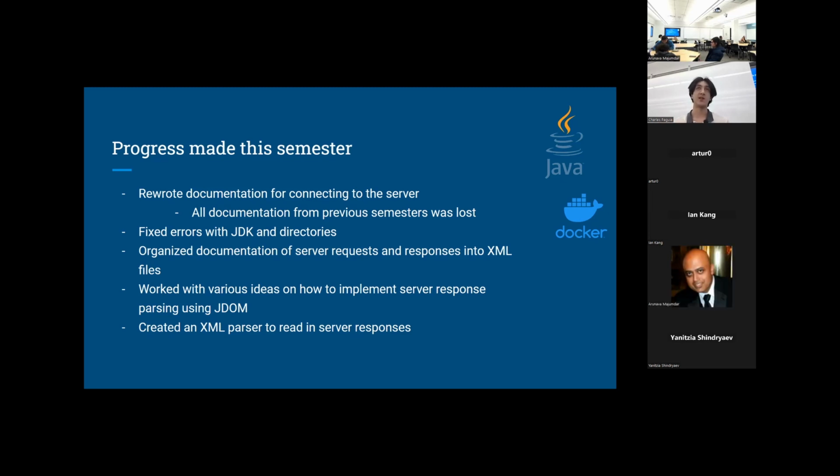We first thought of using JDOM, which is an XML parsing library, but we ended up using XPath, and we created an XML parser because the telescope communicates through the Indigo server using an XML format. So we had to be able to parse that so that we could read the messages it's sending and be able to send them back. So Amir will now talk about that XML parser that we created this semester.